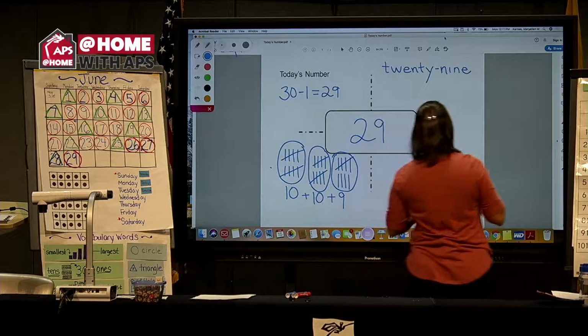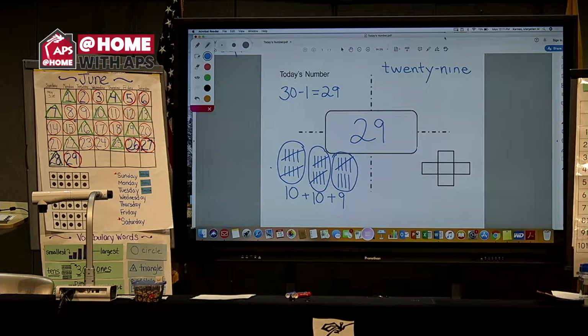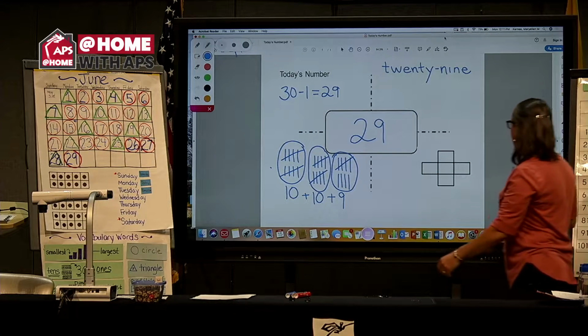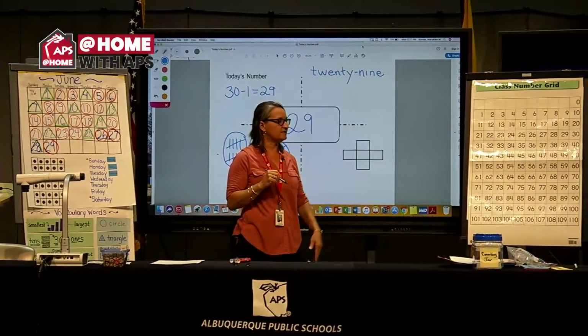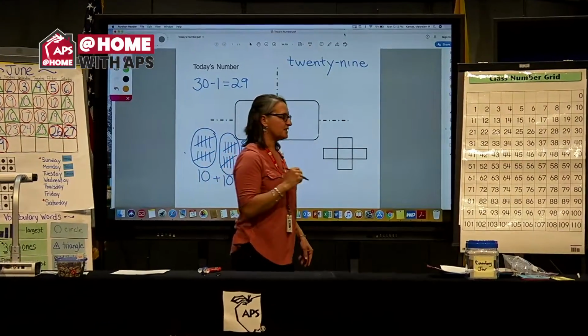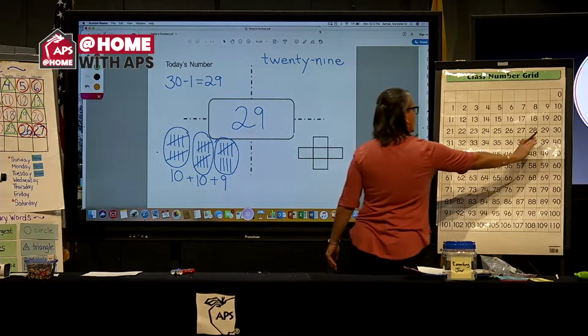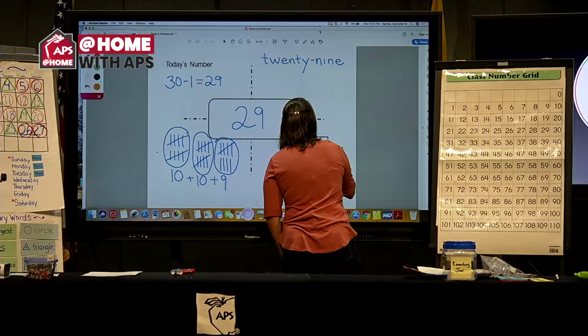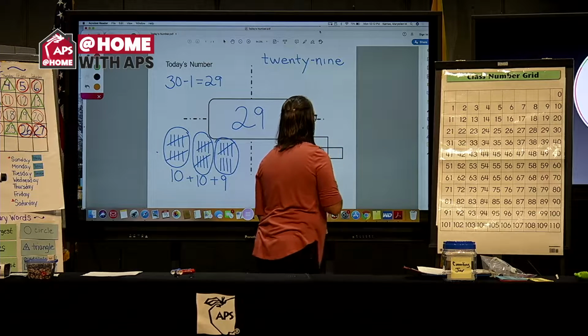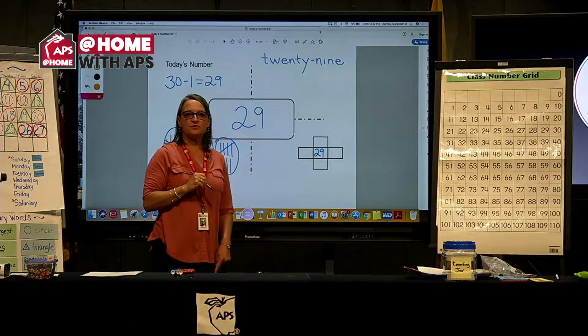We have one more way, and that's thinking about our hundreds chart, right? So, do you see 29 on our hundreds chart here? Where is that? It's kind of over here on the right side, with our special 10 numbers. So here's 29. So what comes right after 29?